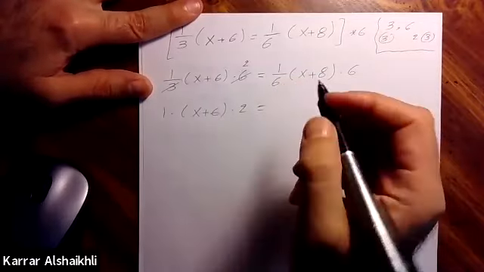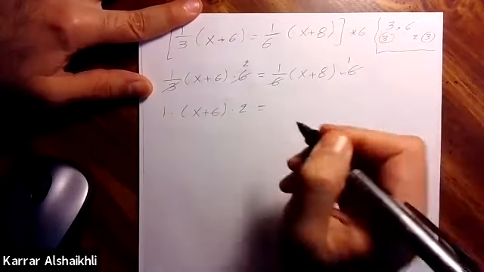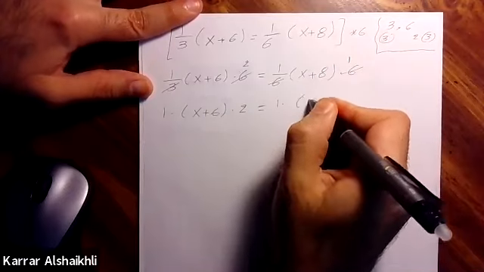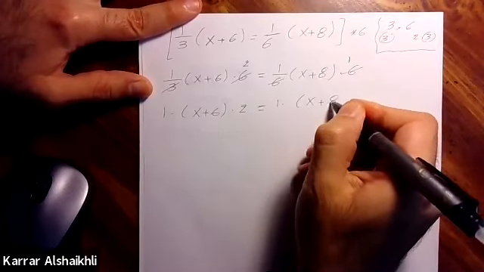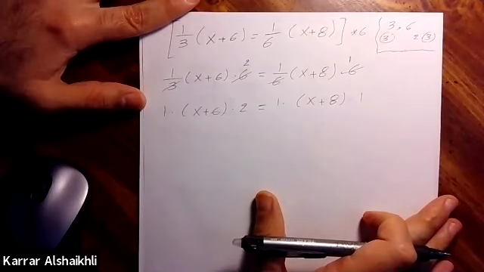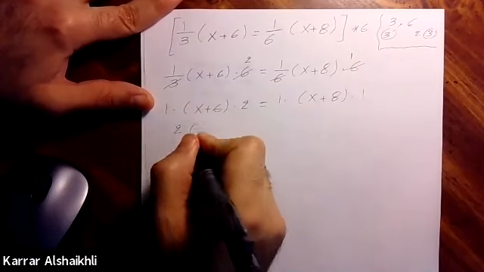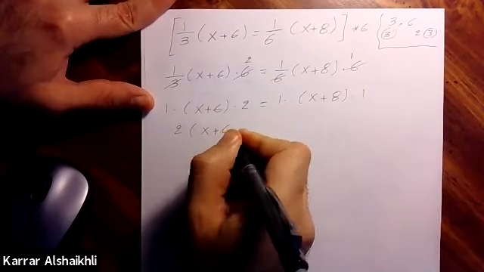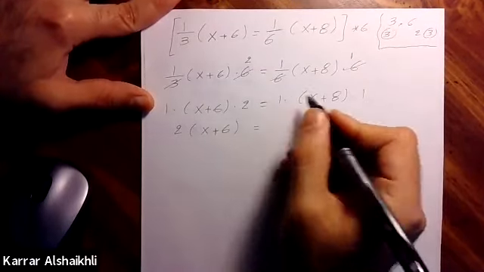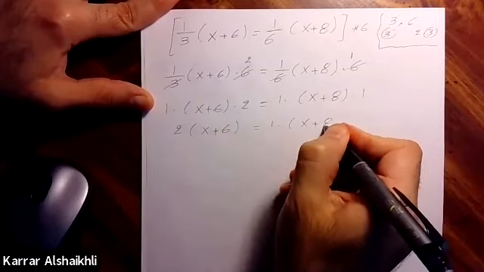The right side: 6 divided by 6 is going to be 1. So it will be 1 times (x plus 8) times 1. Now, 1 times 2 is going to be 2, and here is the parentheses. Equal 1 times 1 is going to be 1, and here is the parentheses.